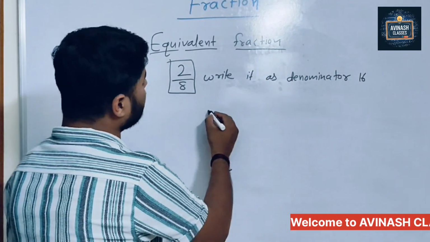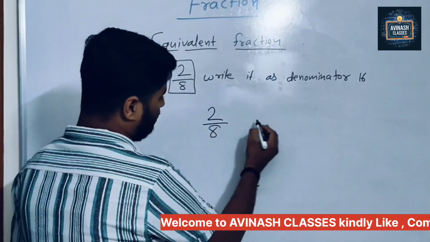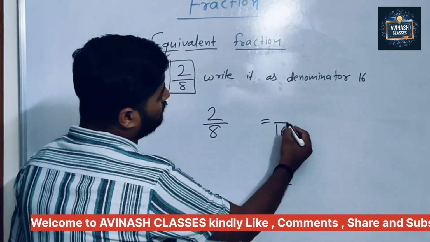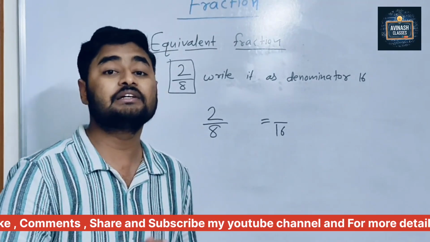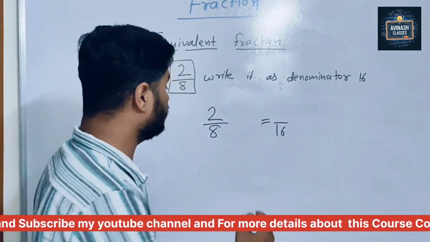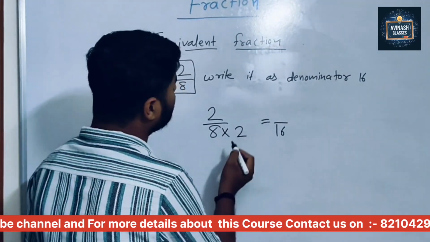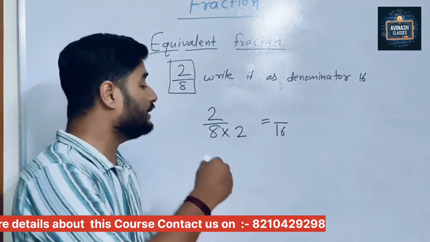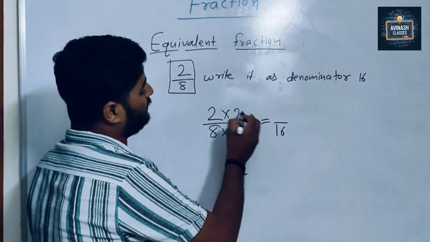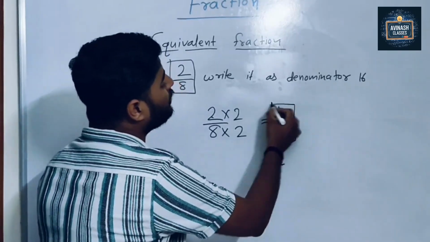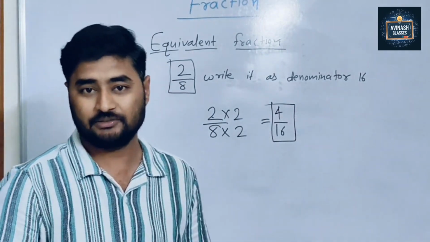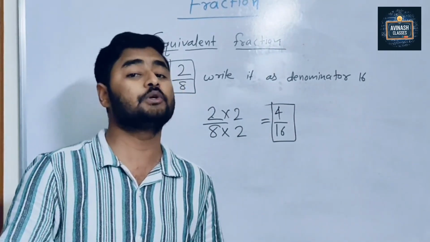So we write 2 by 8 and here we need 16. Now check, how does 8 become 16? Sir, when we multiply by 2. So we multiply by 2 here, and for making it equivalent, the numerator also is multiplied by 2. Now 2 times 2 is 4. So our answer is 4 by 16. So this is the concept of equivalent fraction.